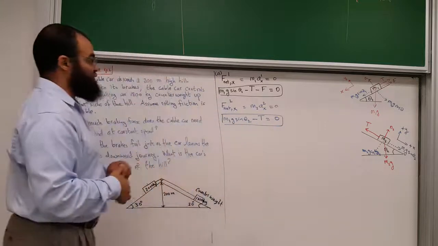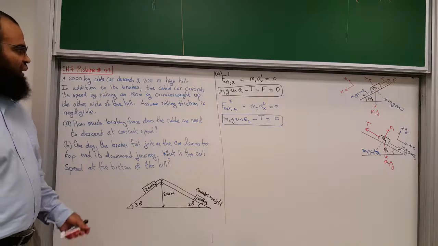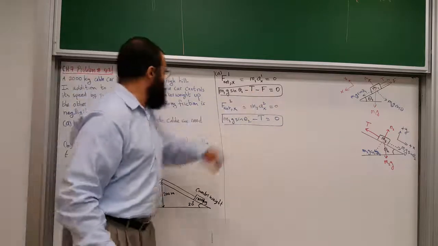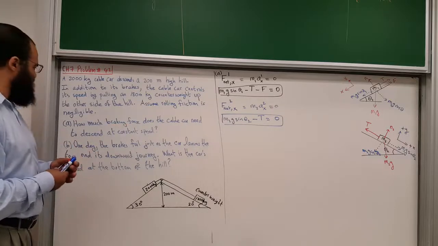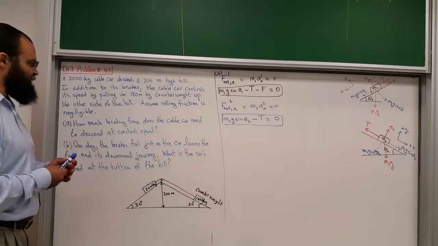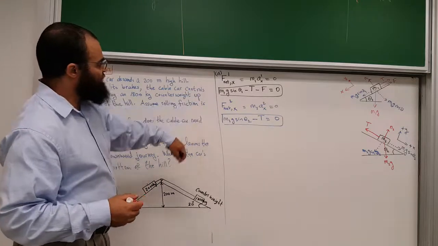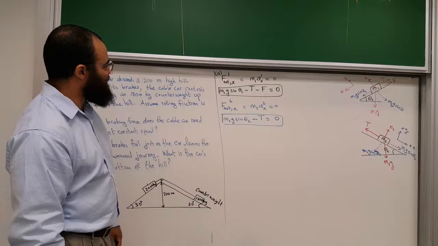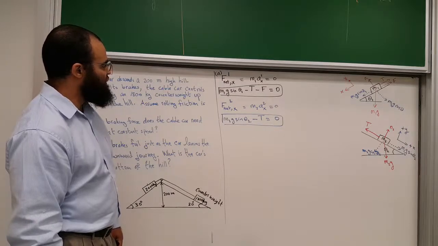And I have two equations. Well, guess what? I'm going to add them. Because remember, I would like the frictional force, how much braking force. I don't care about the tension, they didn't ask about it, so I'm not going to calculate it. All right, so I'm going to add these two equations. Actually, not add them, probably subtract them.